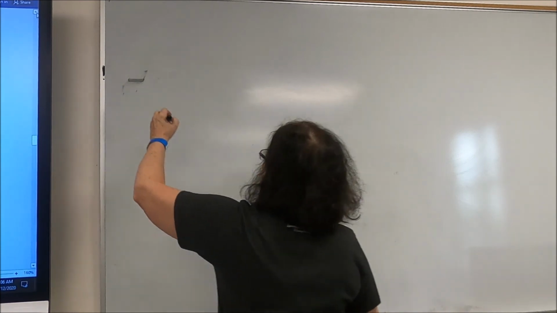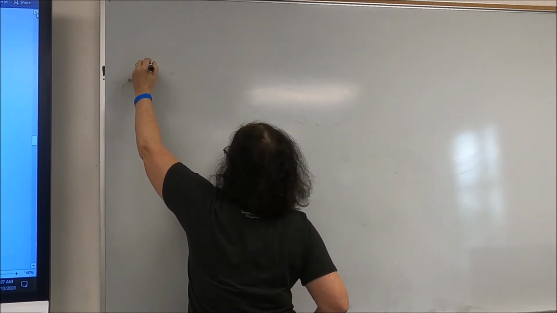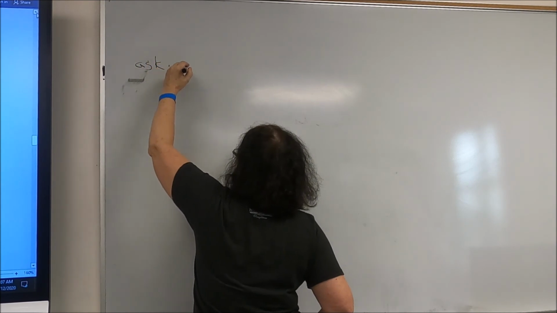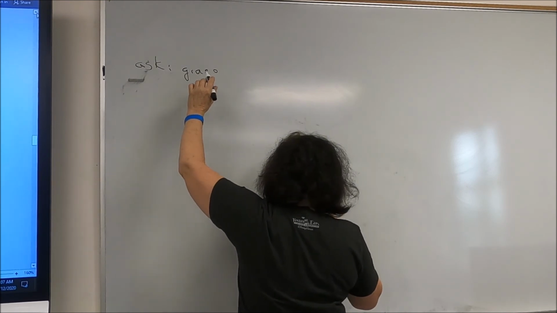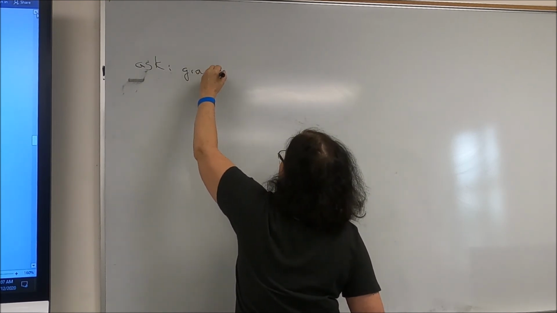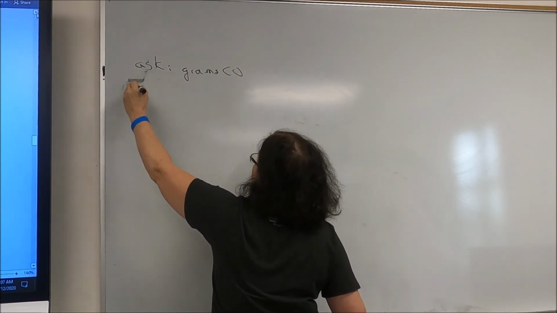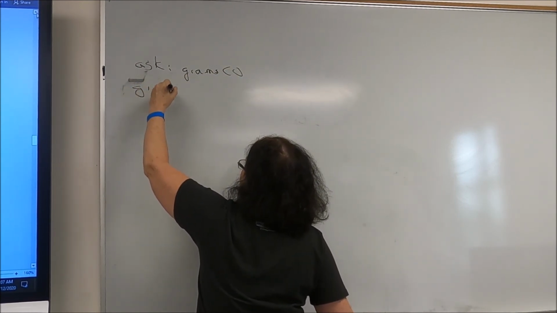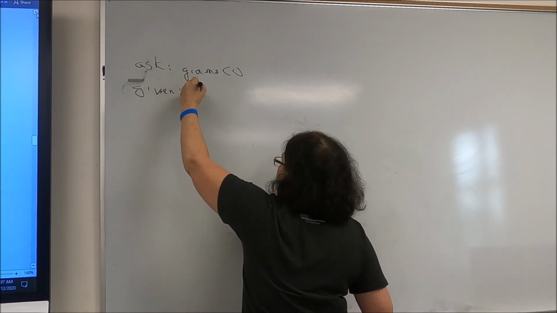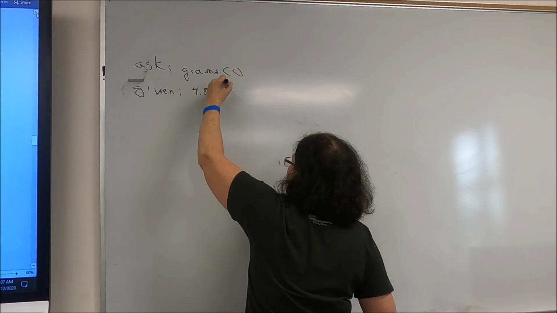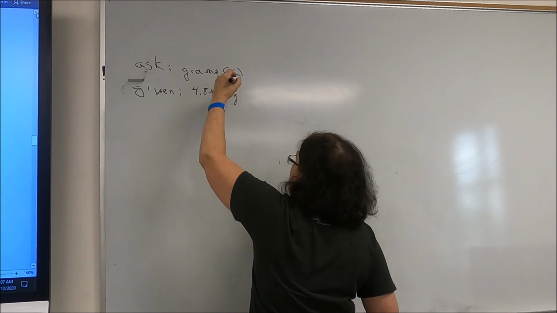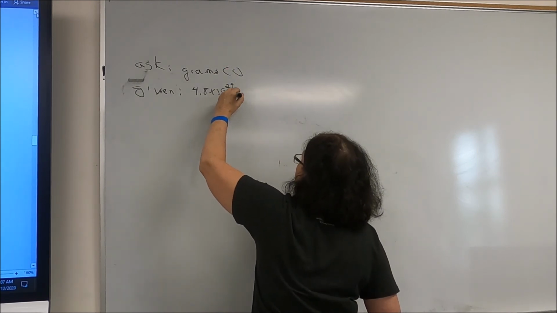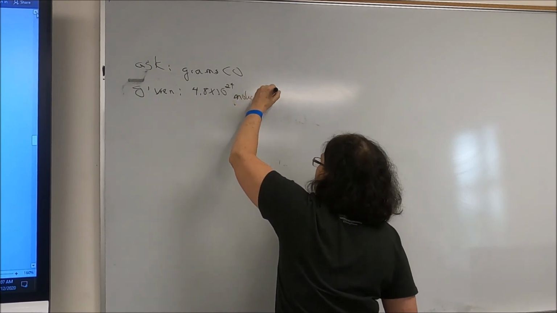Okay, now let's try another one. Okay, so let's say that you're asked grams, let's see, yeah, let's go with grams of carbon monoxide given that you need 4.8 times 10 to the 24 molecules of carbon monoxide.